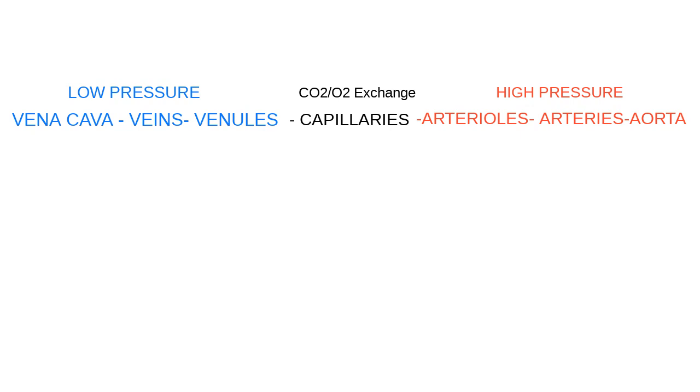The cells pick up the oxygen they need and give off CO2, and the CO2 is transported via the systemic capillaries, which form systemic venules, which become systemic veins, and eventually form the Vena Cava. A lot of what I'm saying now you might not be able to add up in your mind, but it will make more sense tomorrow when we have the diagram and follow the flow of blood.